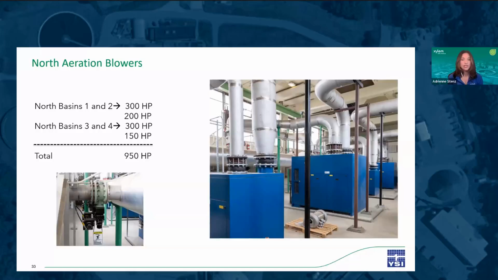And one 300 horsepower and 150 horsepower blower are manifolded together for North Basins 3 and 4. This makes the total available horsepower for the North Basins 950. Typically, only 2 blowers are running at once, one for North Basins 1 and 2, and one for North Basins 3 and 4.